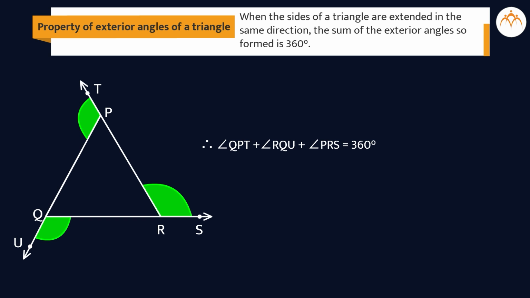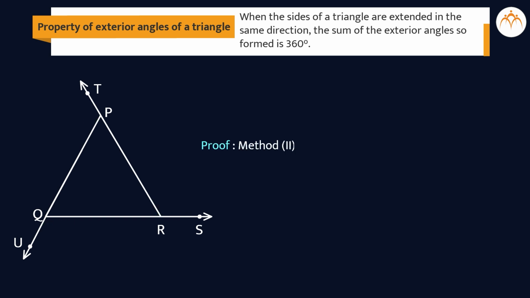We can prove this theorem by another method also. Proof. Method 2. In this figure, measure of angle QPT plus measure of angle QPR is equal to 180 degrees. Statement 1. Measure of angle RQU plus measure of angle PQR is equal to 180 degrees. Statement 2. Measure of angle PRS plus measure of angle PRQ is equal to 180 degrees.